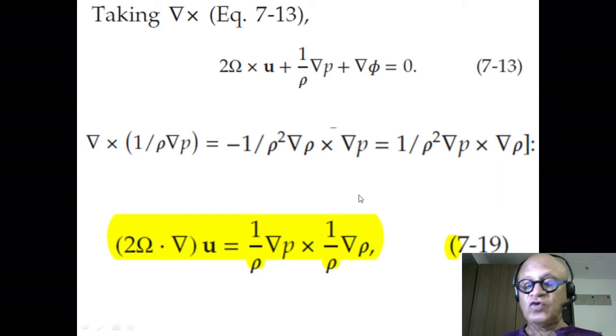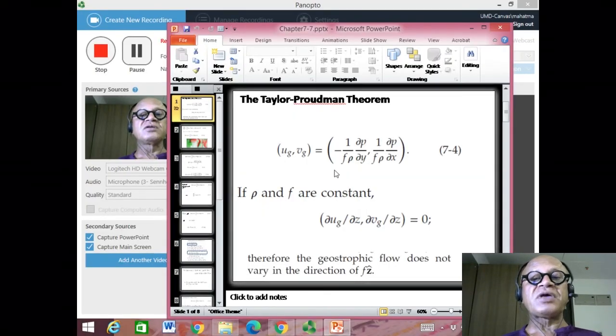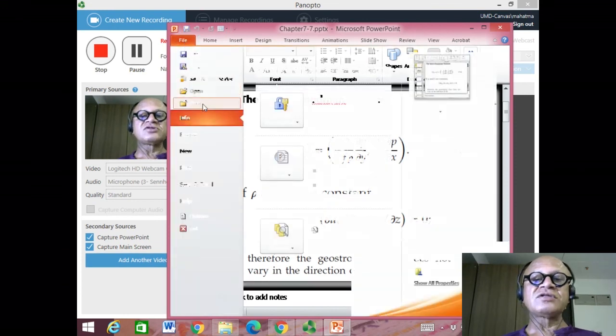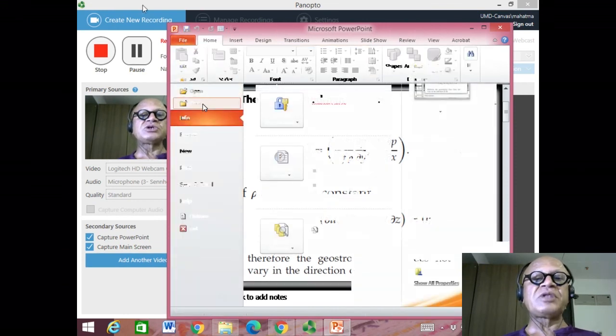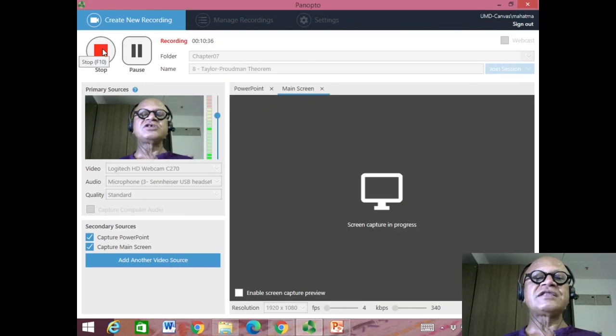Okay, a fluid that has a density that's only a function of pressure is called a barotropic fluid. This term will come up again later on, so just remember the simple manipulation we did, and we will see that this vector grad p cross grad rho is going to be our baroclinicity vector, and that term will give us this special Taylor-Proudman theorem that we are trying to derive.